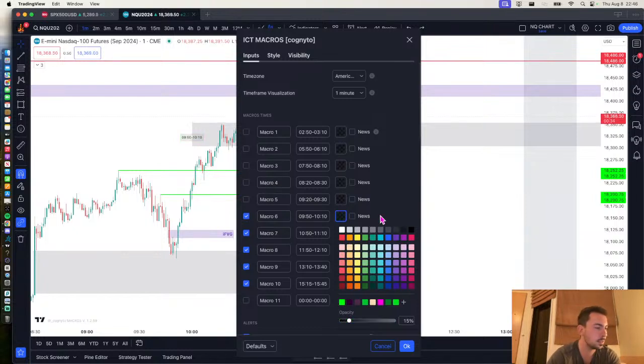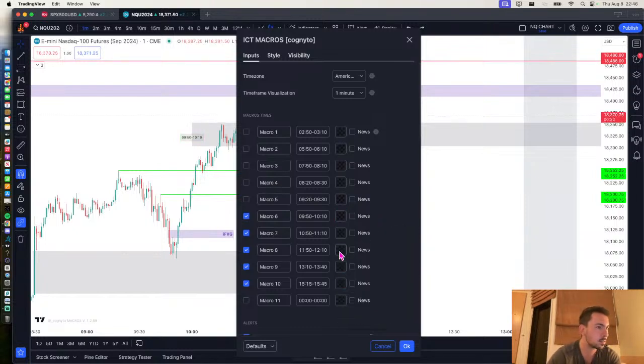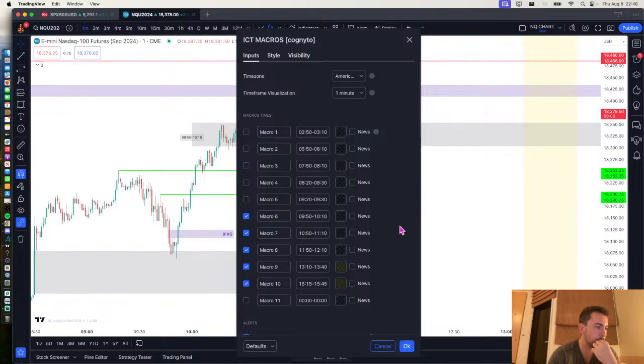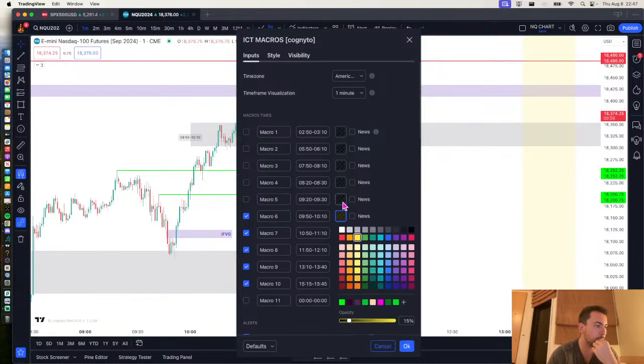Can I undo that? The 1310 macro. If I make it green, does that change the color of the box? It does. Wow. Well, then let's make them yellow. I'm just going to make them all yellow because it's one of the few colors that I don't really use on my charts.